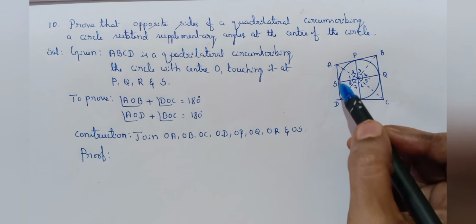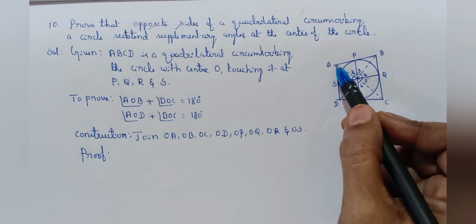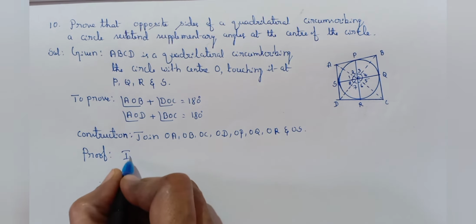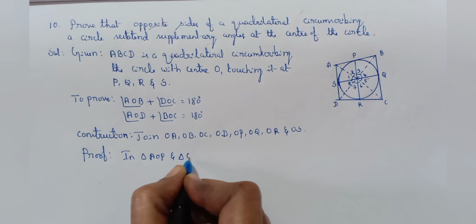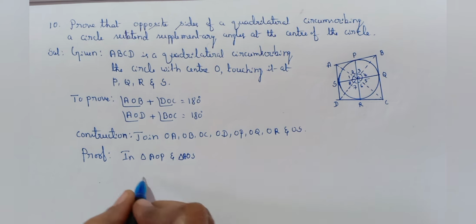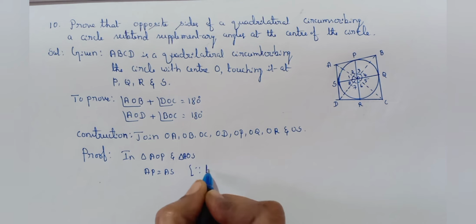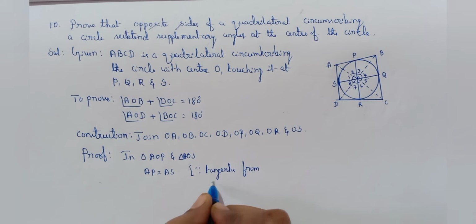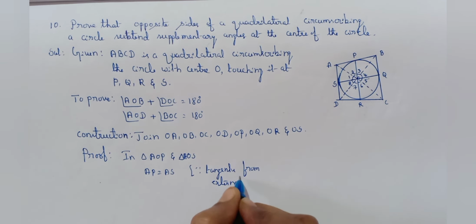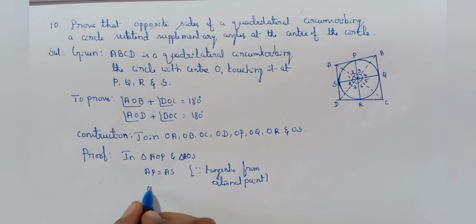Here, AP is equal to AS. AP and AS are the tangents drawn to the circle from the external point A. In triangle AOP and triangle AOS, AP is equal to AS, tangents from external point. OA is equal to OA, common side.